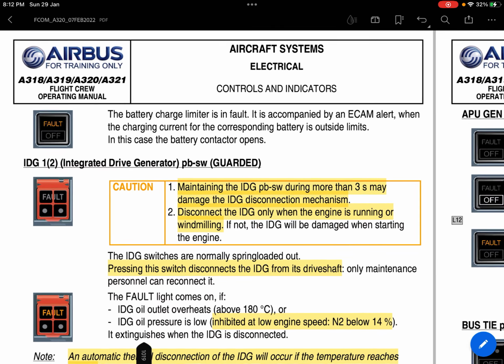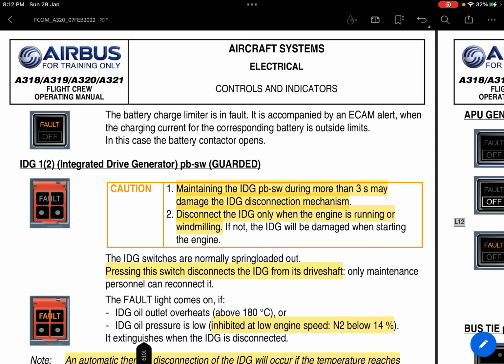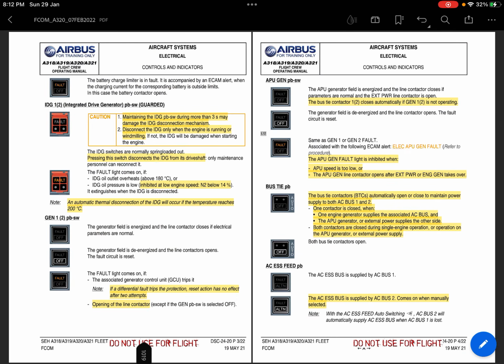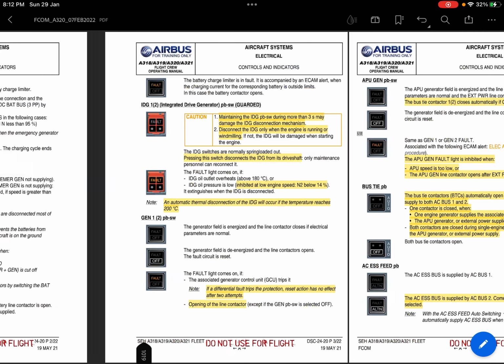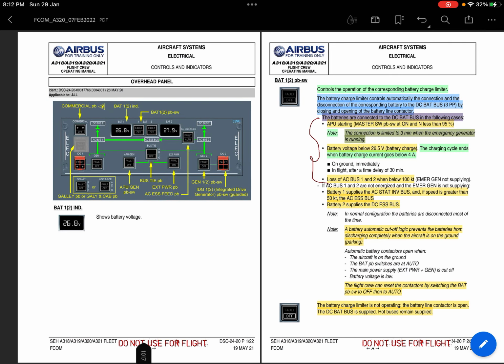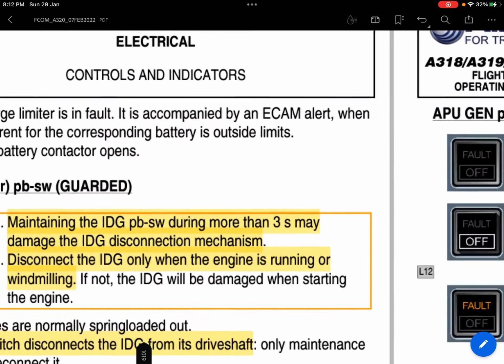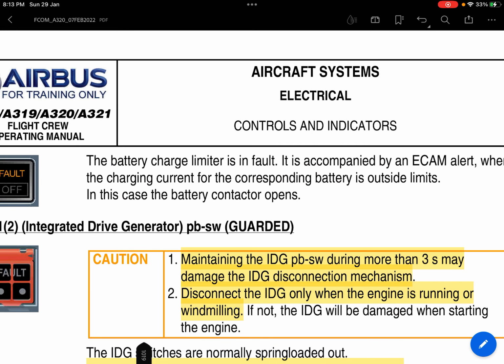This is the fault light of, correction, overhead panel, right? Correct. You can read it, and here is your answer.